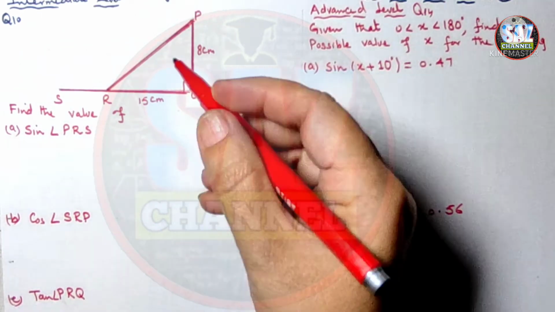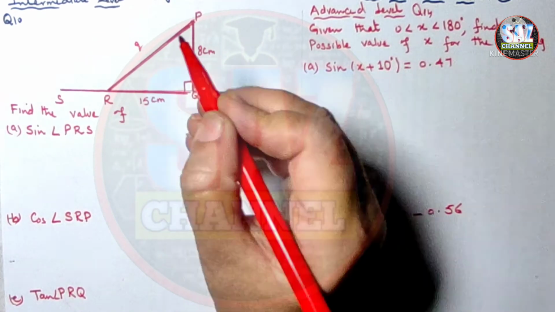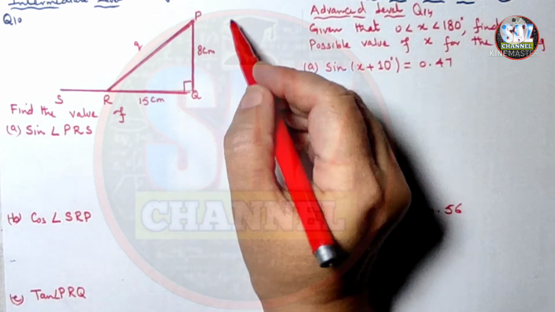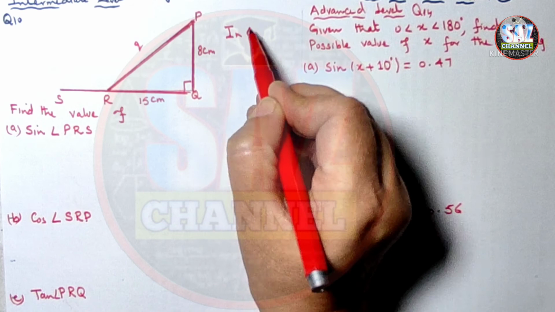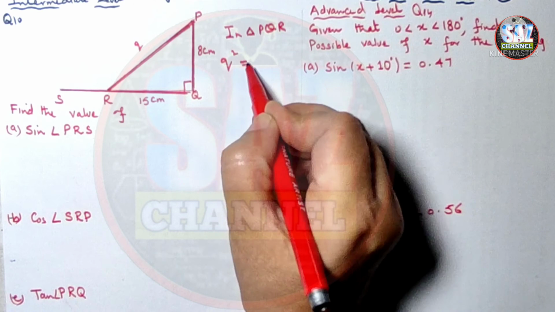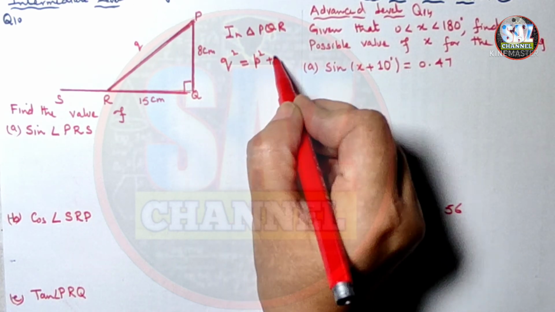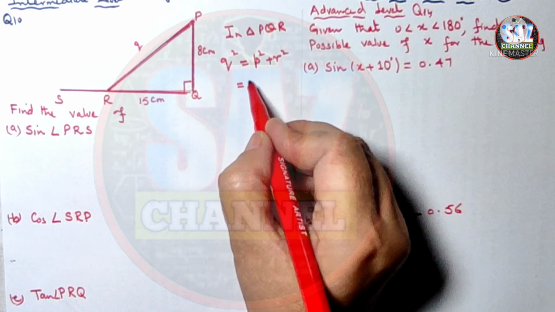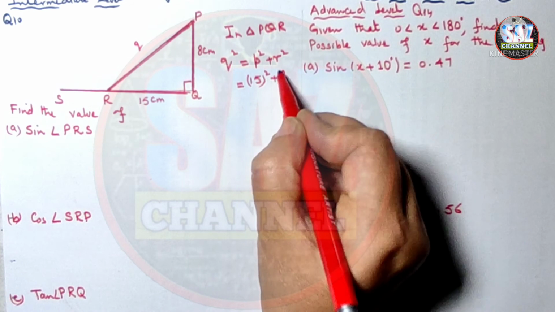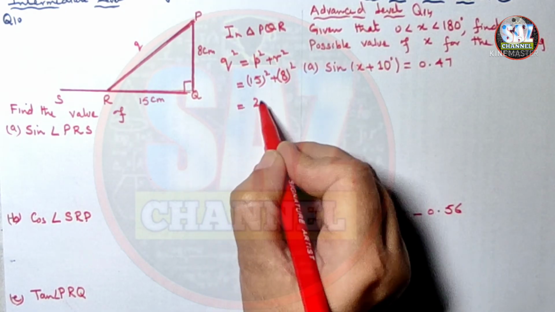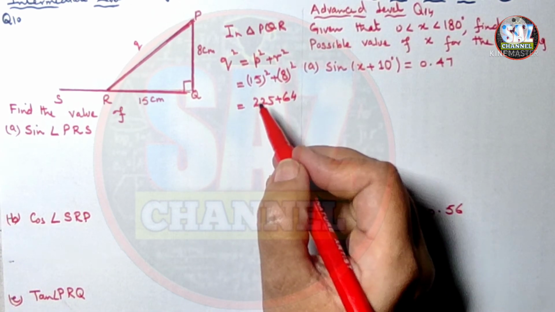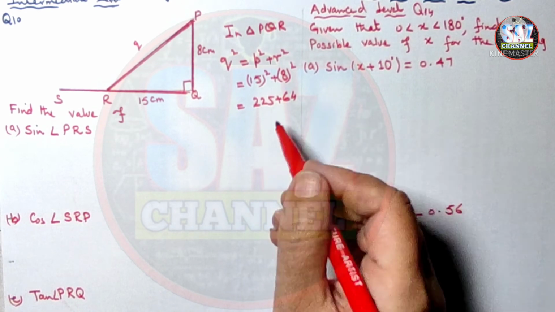Supposing that the side opposite to Q is PR, then in triangle PQR, PR squared will be equal to PQ squared plus QR squared, which is equal to 15 squared plus 8 squared, that is 225 plus 64, and this is 289.